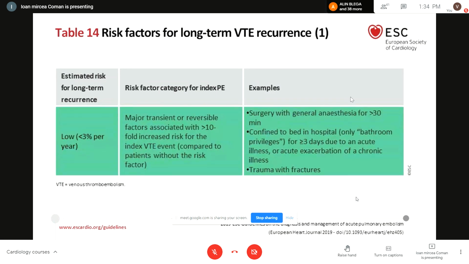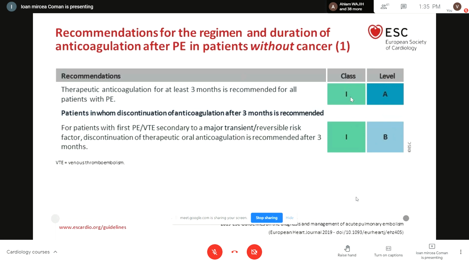The risk is quite low in the conditions you see here. So probably here you should discharge earlier and discontinue the treatment earlier.